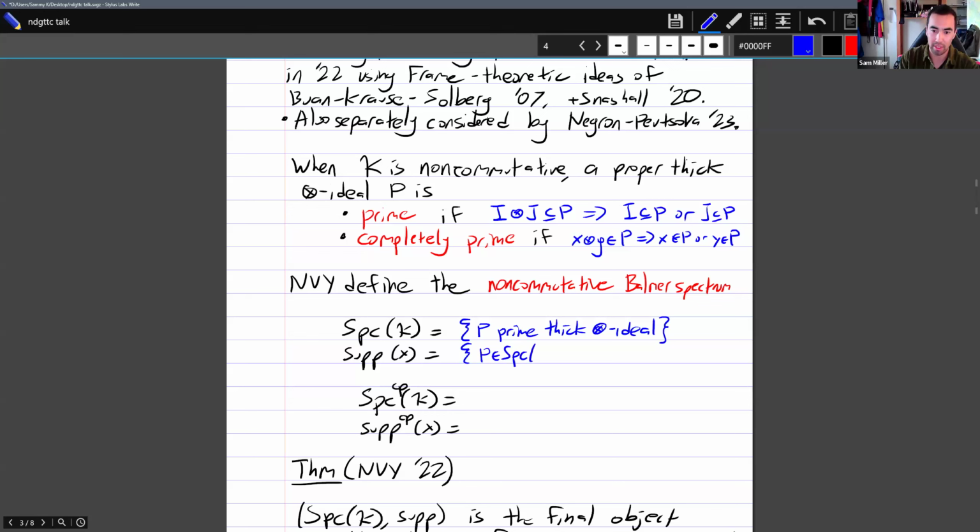It's going to be all P in Spec of K satisfying that x is not contained in P. And then you can also define the complete prime Balmer spectrum. This will just be all P in Spec of K such that P is completely prime. And you can just write this as support of x intersect Spec^cp of K.